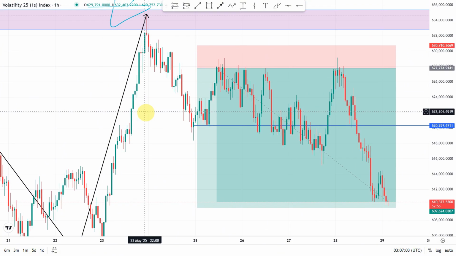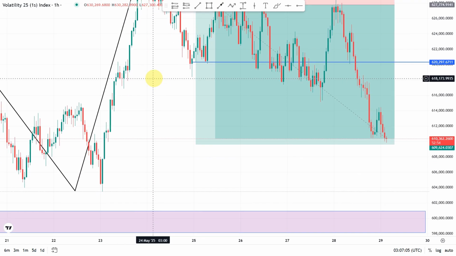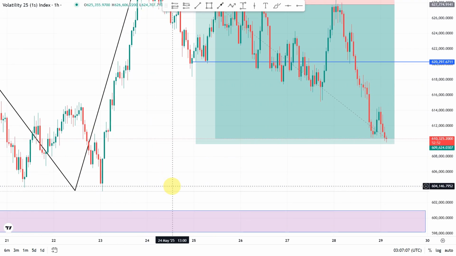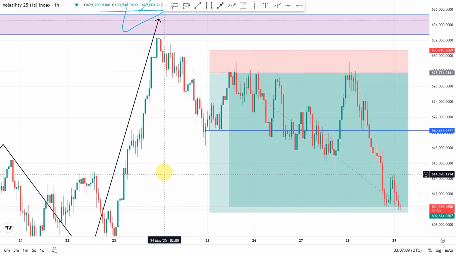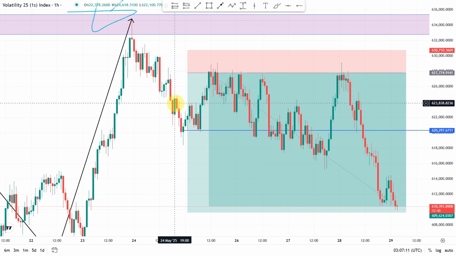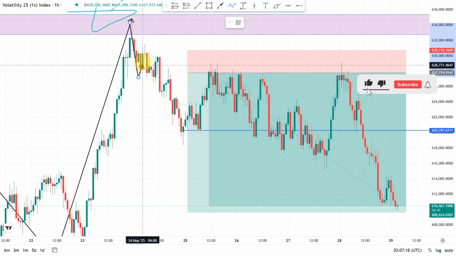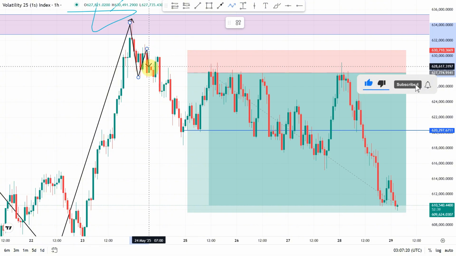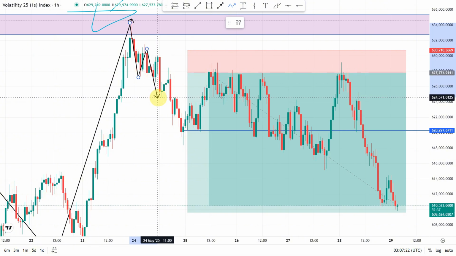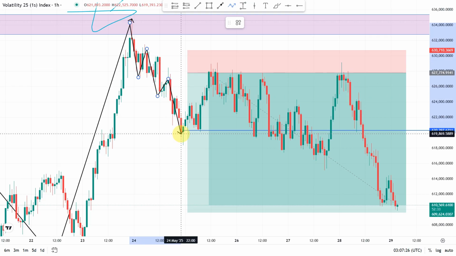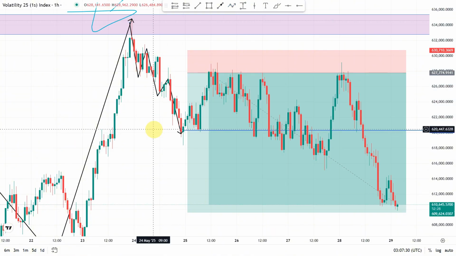So the logic behind this: we said, let us see how the market is going towards the 1 hour liquidity areas. And we said, the market is already providing us with a series of lower lows and lower highs. And we said, wow, this is very beautiful. Look how the market is moving by providing you with a series of lower lows and lower highs, just a typical way of how a downtrend market moves.